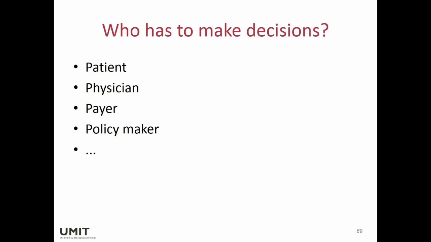Is it the payer who also has to take into account his budget, the policymaker? So in general, the perspective, who has to make the decision, determines the outcome parameters of interest, but also some of the input parameters when you think of costs.